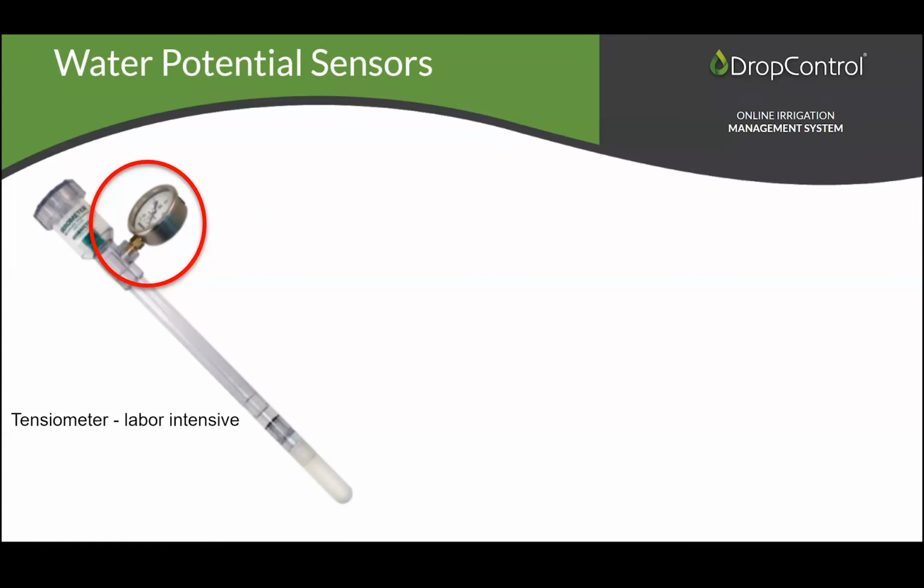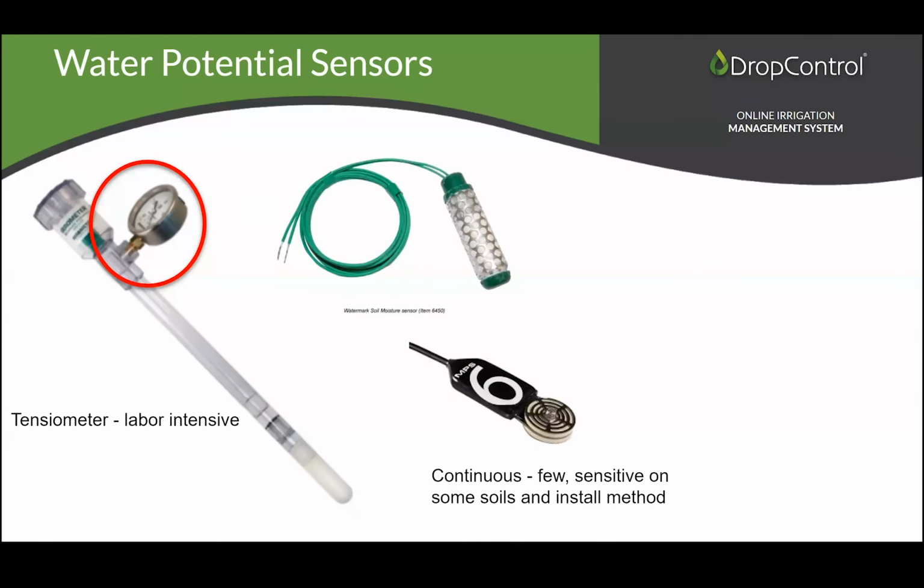inconsistent sometimes. Some companies have solved this by developing continuous water potential sensors through gypsum blocks, or the one at the bottom, the MPS6 by Meter Group, which is a water potential sensor based on capacitance technology. But there are only a few sensors that are doing this.